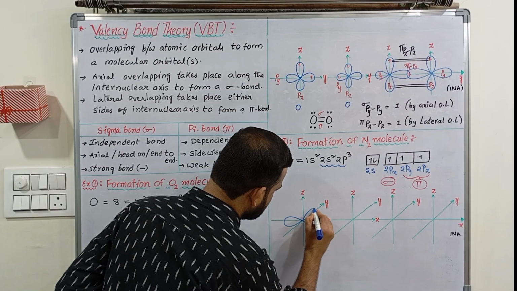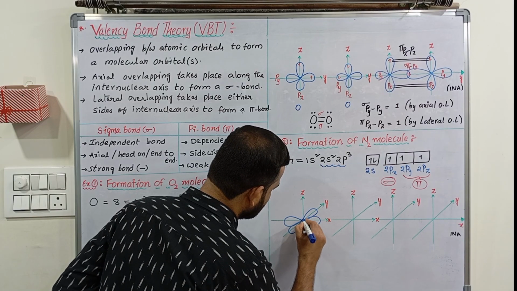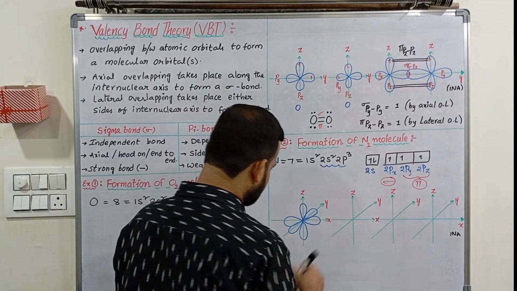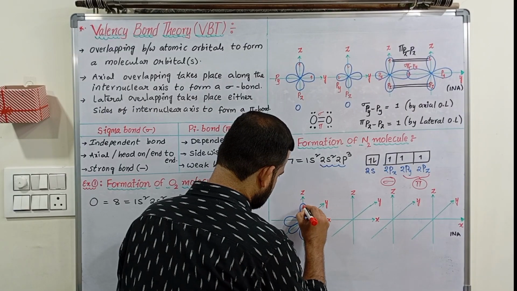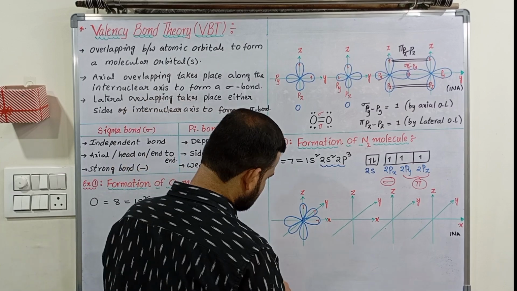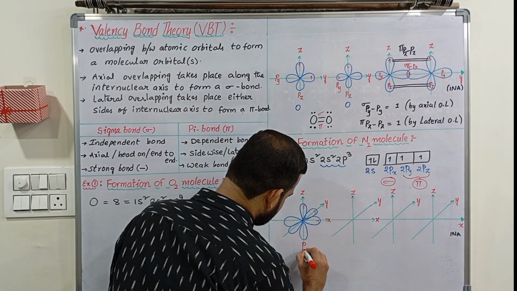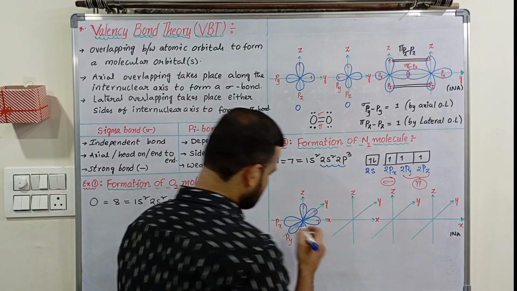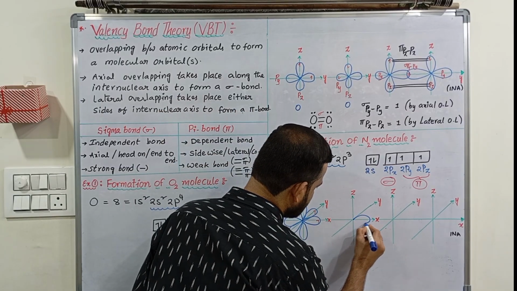px, py, pz all have unpaired electrons in upward direction. Understand? So this is a pz, this is py, this is a px. Like that, here also same.